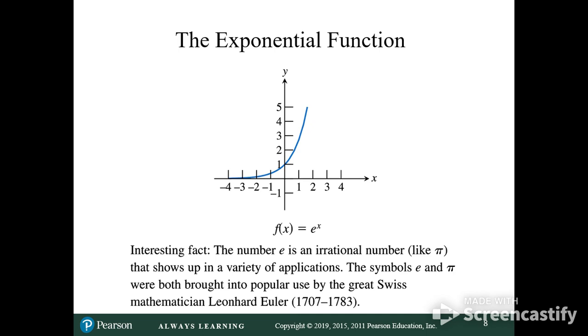Euler invented the symbolization of e. That's why it's an e, which is the inverse of the natural logarithm, where e to the first equals 2.71828182459.